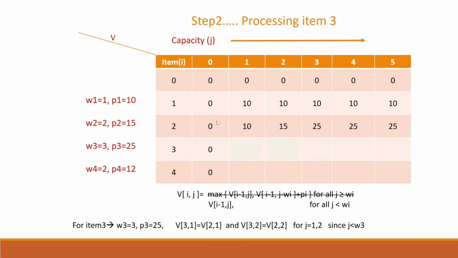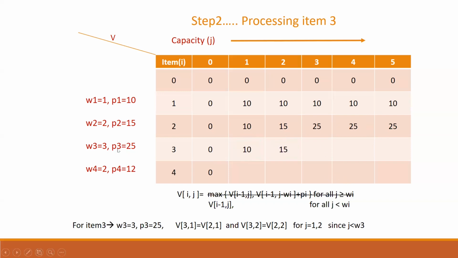Item 3 can be held only in the knapsack with capacity 3 or more. So for capacity 1 and 2, this item 3 cannot be chosen. So we choose the previous solution itself. Here this value is filled with 10. Similarly, this value is filled with 15.